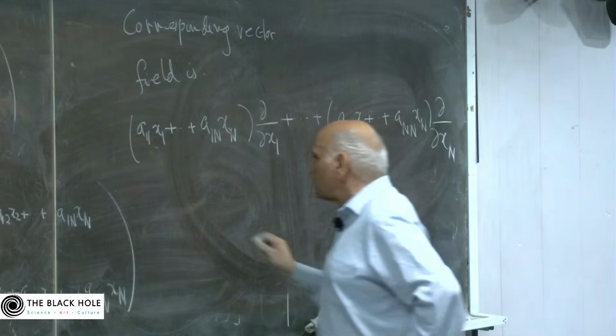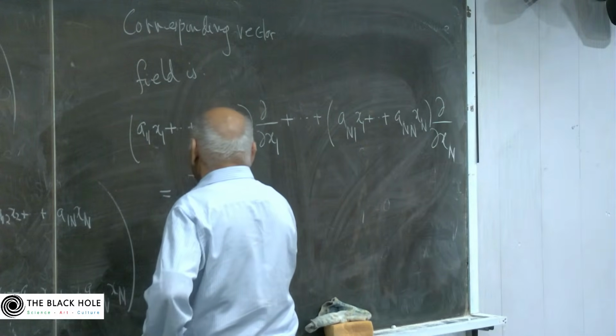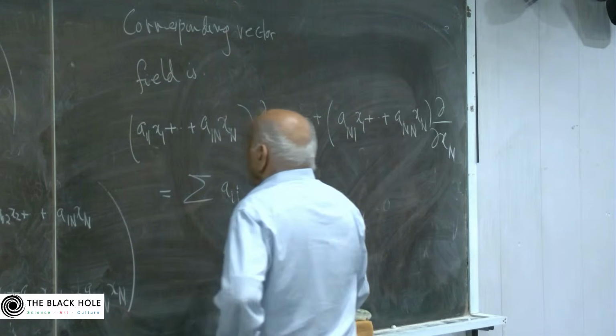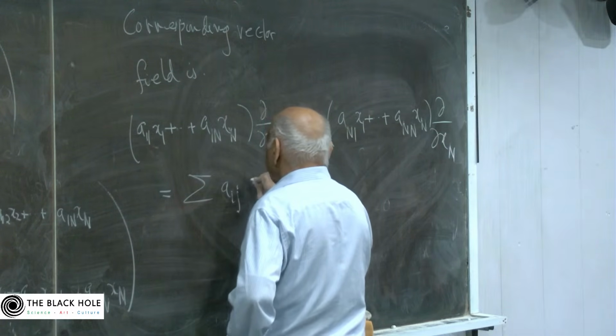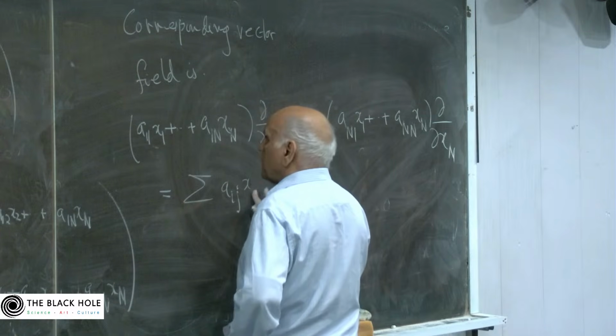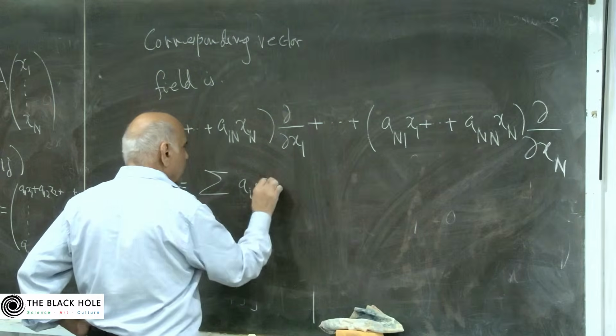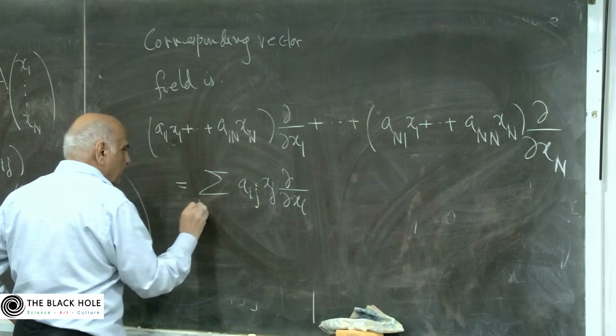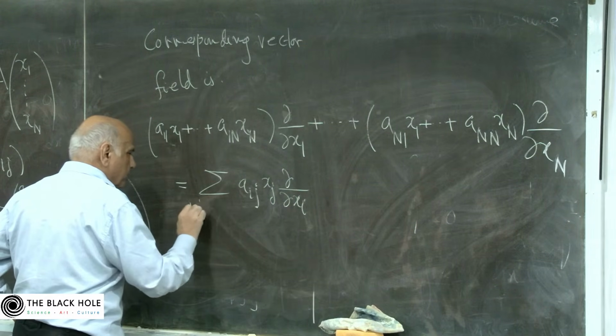In sigma notation this will be sigma a_ij x_j partial by partial x_i.